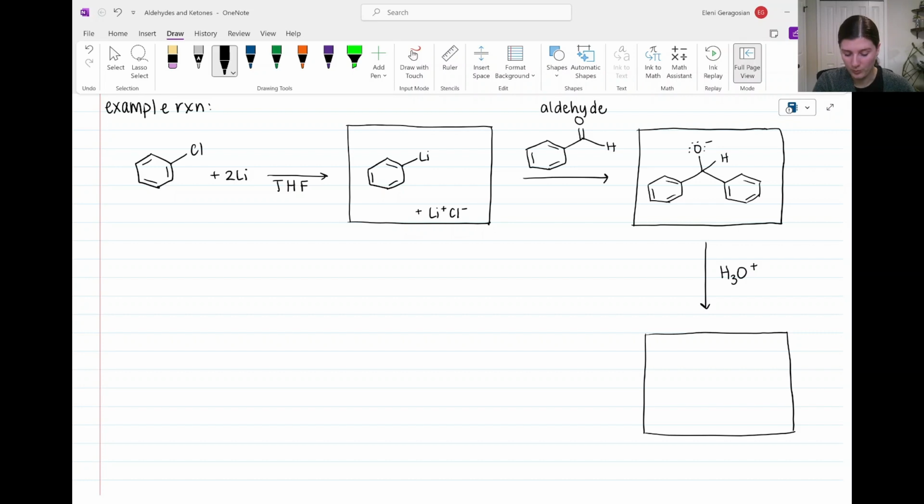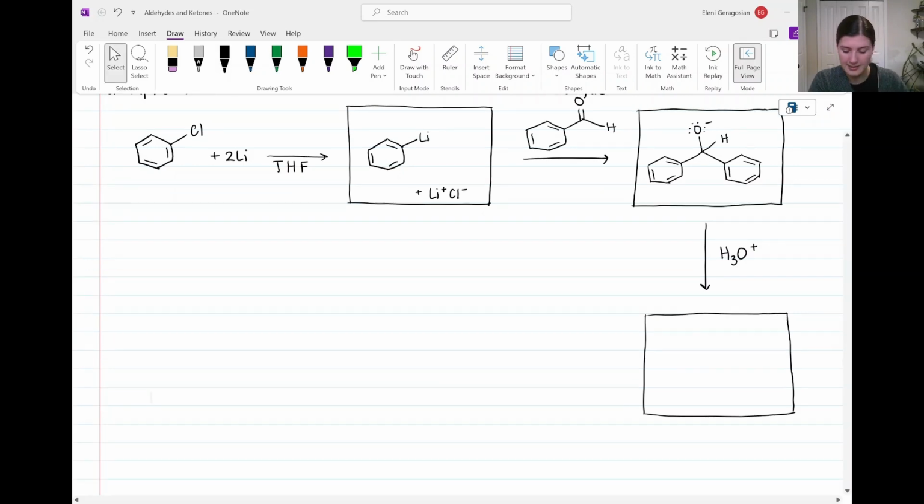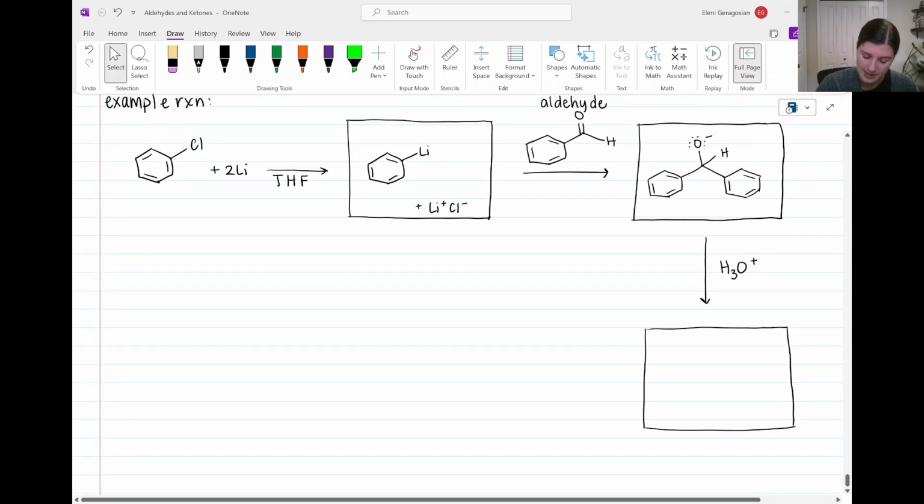In the next step, we add H3O+, we're adding an acid, and so that will protonate that oxygen, and we get our final product. We have the alcohol bonded to what was the carbonyl carbon. We still have that aldehyde hydrogen present.